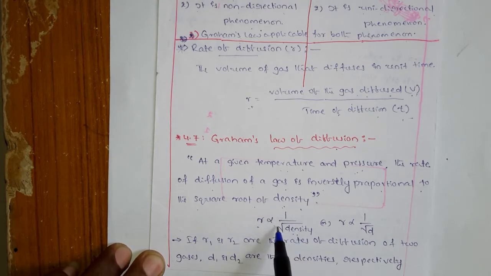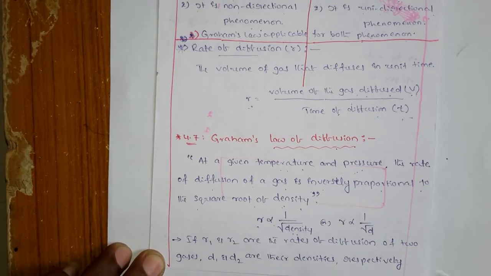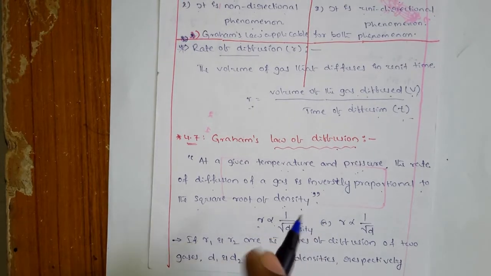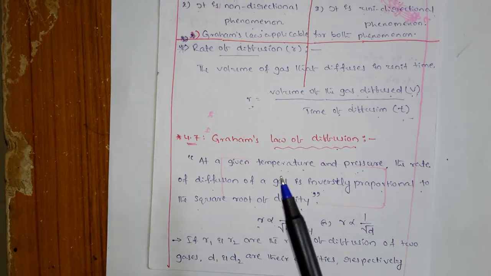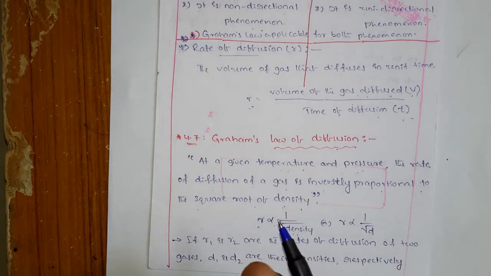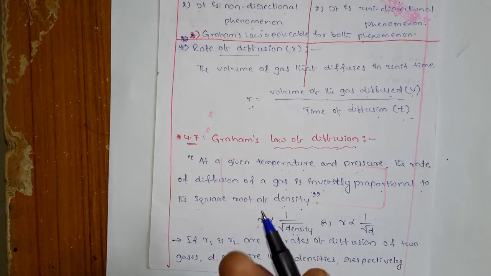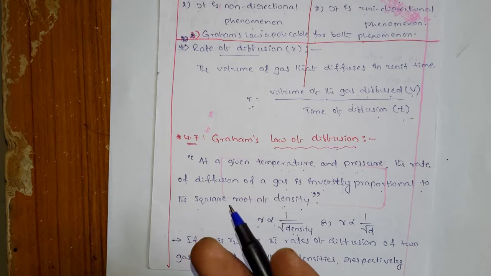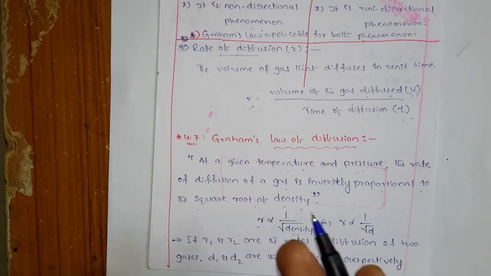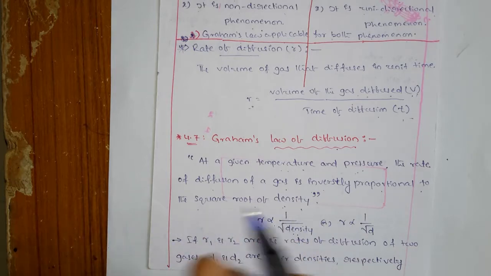So if the density of a particular gas is more, obviously the rate of diffusion is less. Rate of diffusion being less means it diffuses very slowly. If the density is less, what does that mean? Lighter gases, gases with less weight. If the density is more, heavier gases. So heavier gases spread in more time. Lighter gases can easily spread.